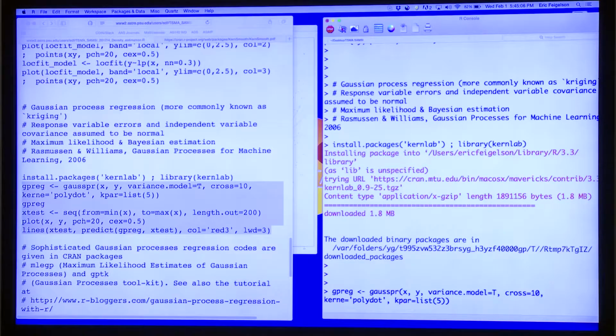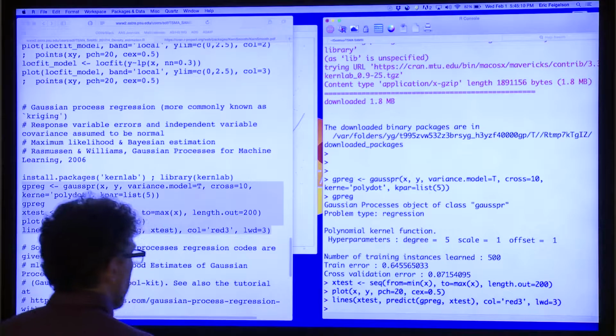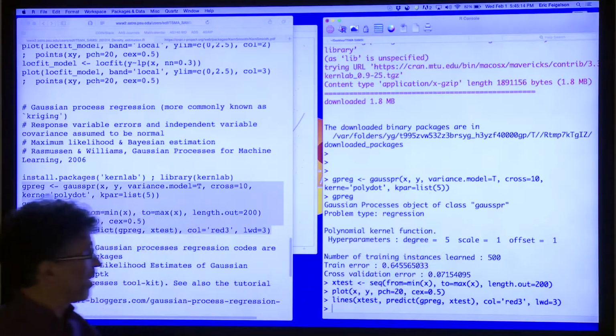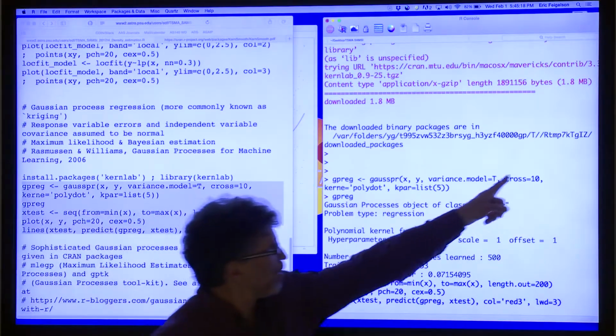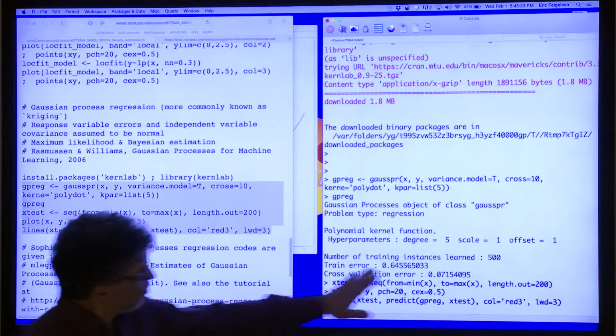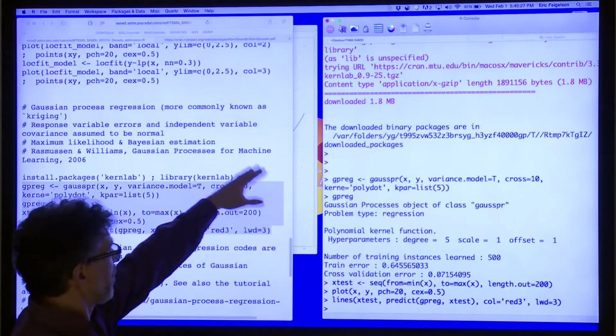It's called Gaussian processes. So it used a polynomial, a 5th order polynomial. And this is the default. Obviously, I could change these things. And here's my cross-validation parameter. I told it to do 10 cross-validations. Here's the cross-validation error. Here's the training error. Here's this and here's that. And all sorts of things.